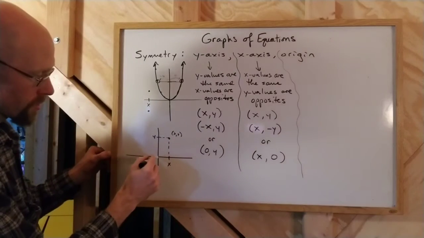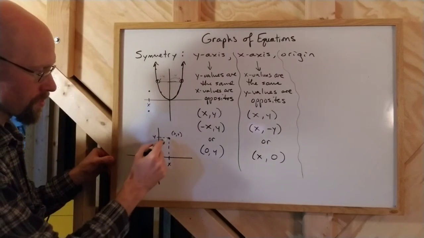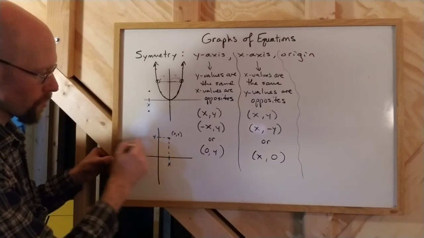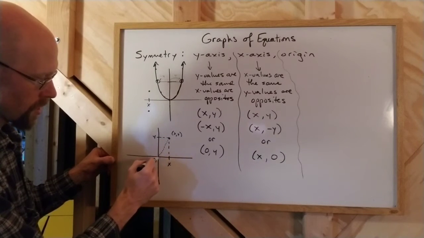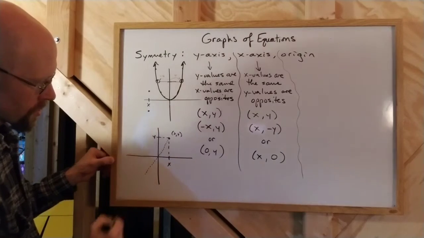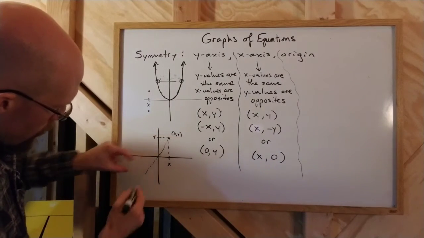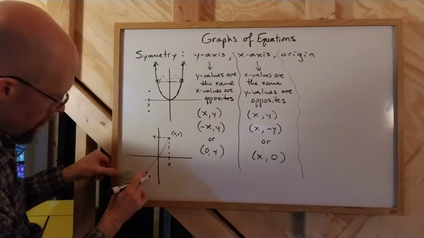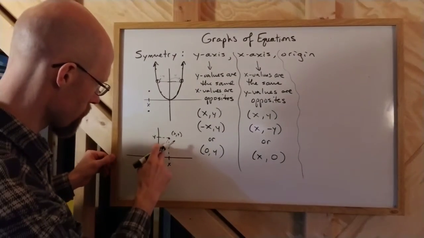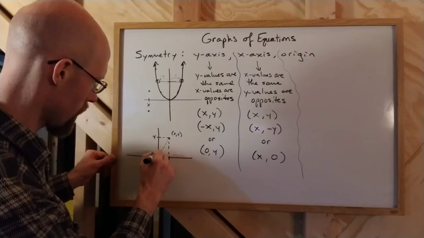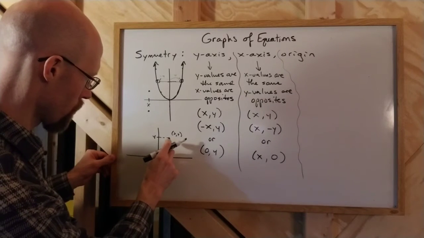Okay, and the origin is down here. It's 0, 0 on the graph, and so instead of going horizontally or vertically, you go on an angle through the origin, and you come out the same distance away on the other side. Roughly, right there. Okay, now it's supposed to be a line. This is a little wobbly here, but you kind of get the idea. I'm trying to go through the origin there.